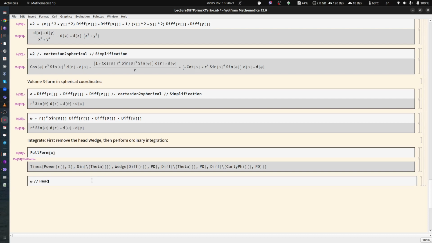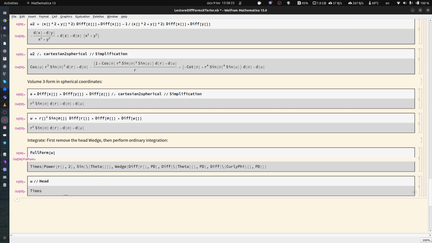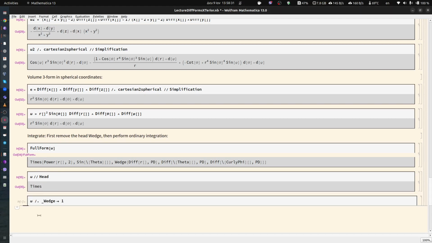If you apply the function head on omega, you see here times. This is its main head. It's kind of complicated. All expressions here have different heads. You have the times head, the power head, the sine head, the wedge, etc.